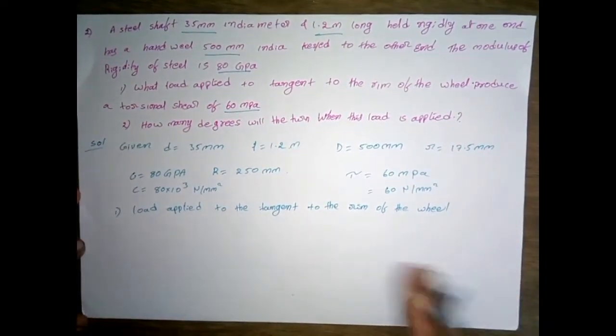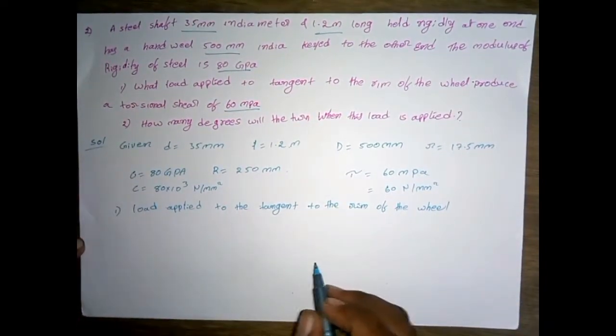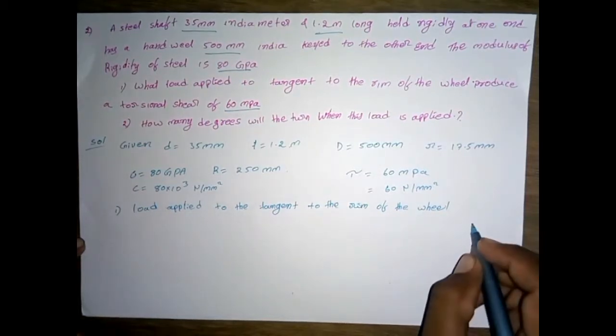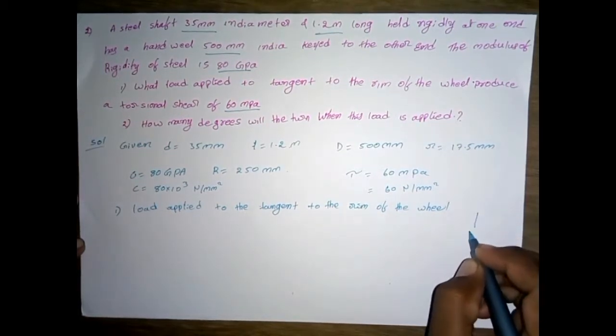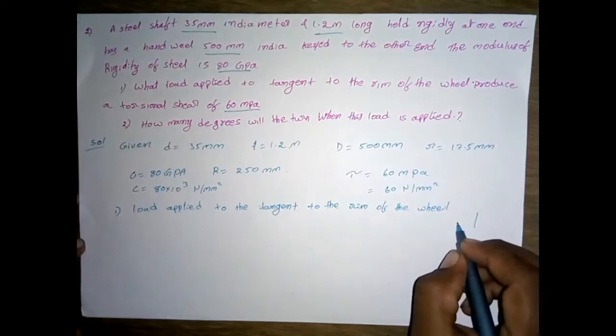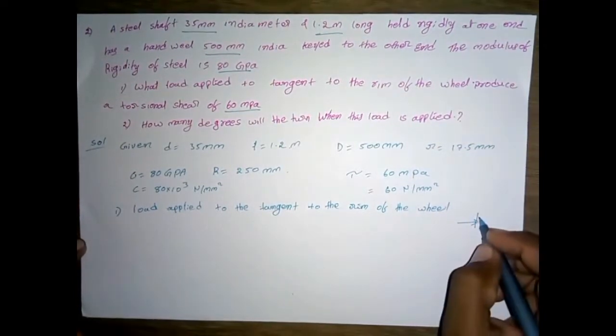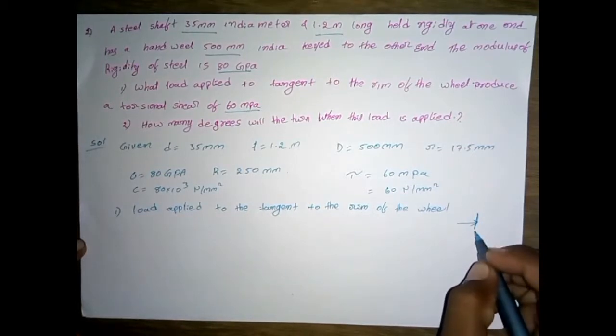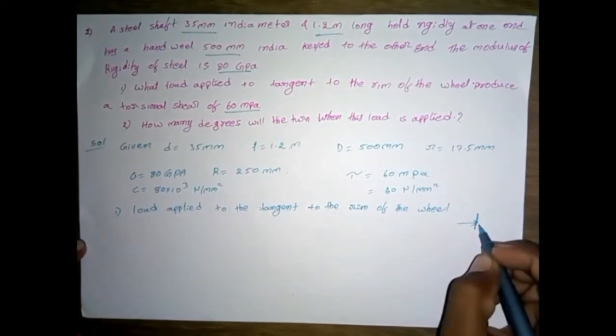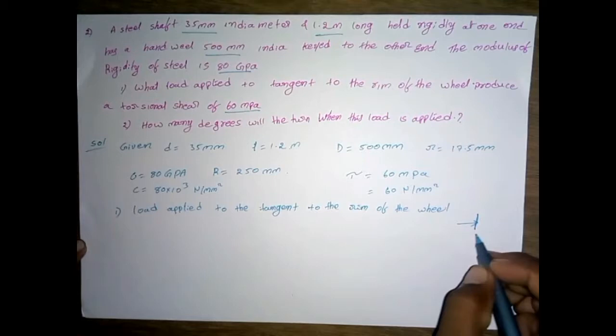So when a load is applied to the tangent of the rim, the load is acting in this direction, the wheel is rotating in this direction, and the load is applied in this direction, so it is tangent to this.